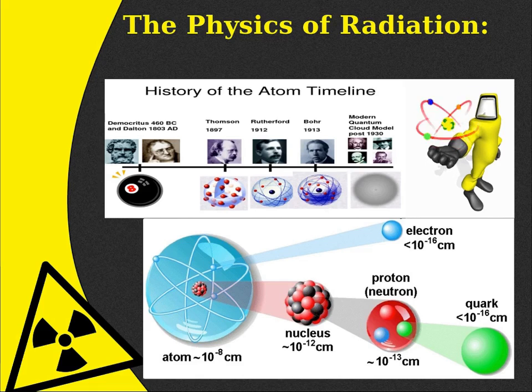And in modern quantum physics, they discovered that the electrons are moving in a cloud around the heavy part, which is the nucleus. So here we know exactly the components of the atom.